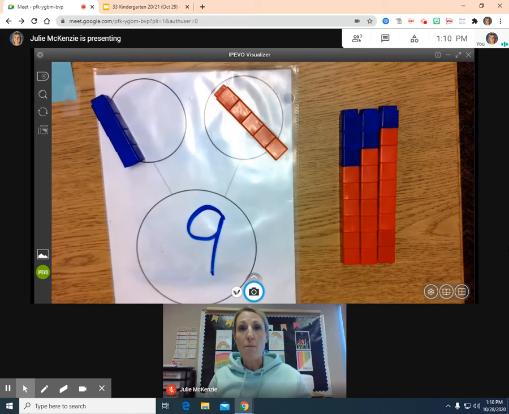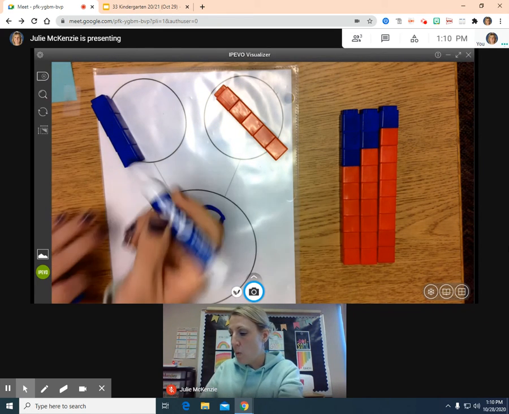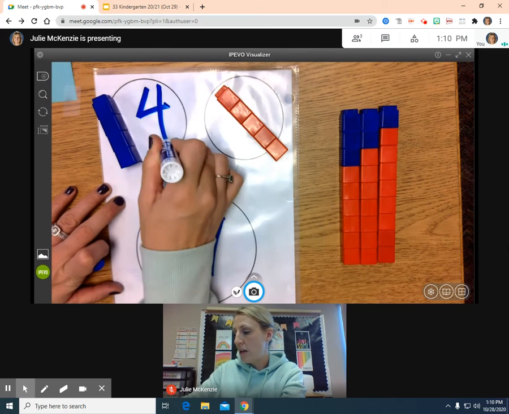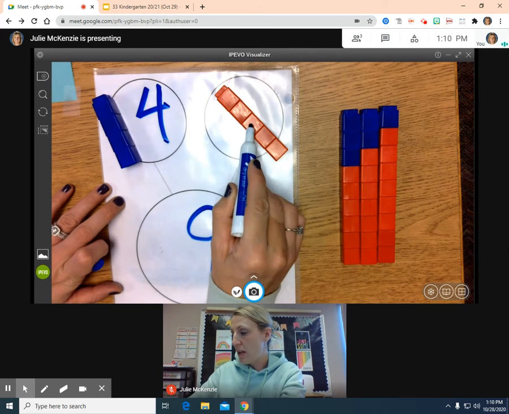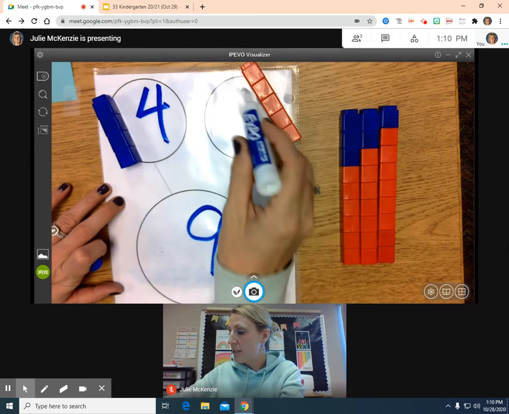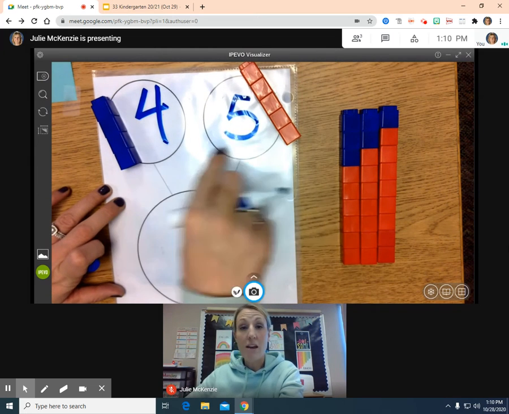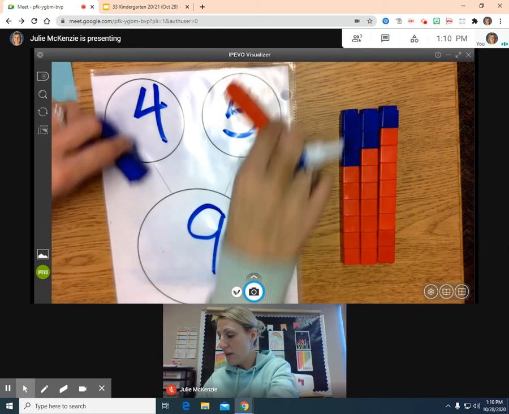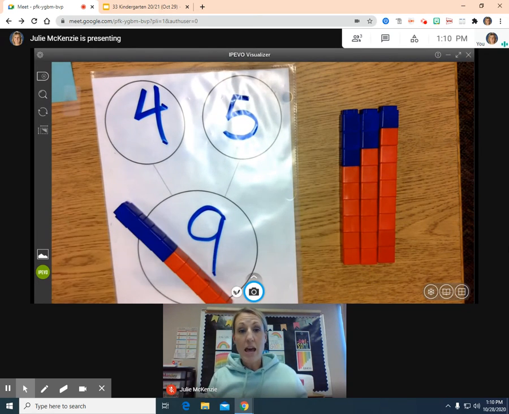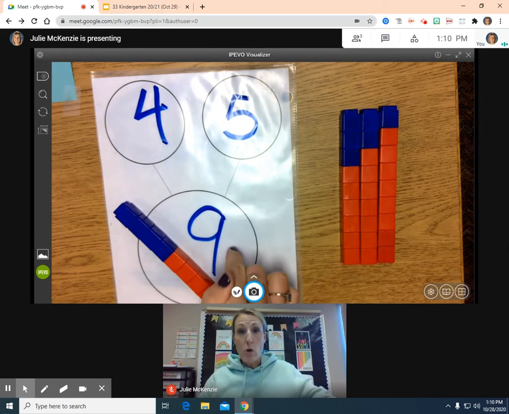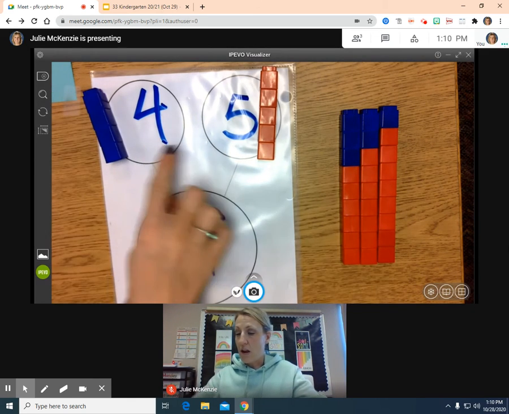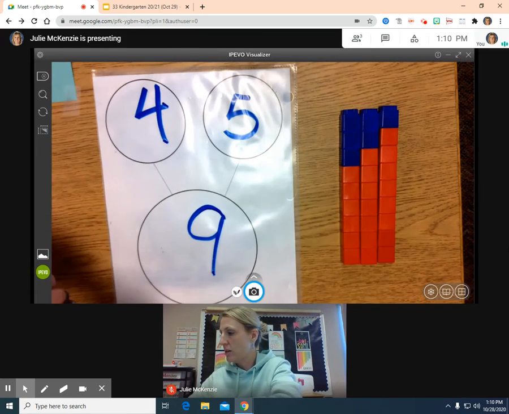So let's see how many there are this time. 1, 2, 3, 4, and 1, 2, 3, 4, 5. So this time, 4 and 5 are my parts that combine together to make my whole group, that is still 9. 9 is my whole number that I can break apart into groups that have 4 and 5 in each part.